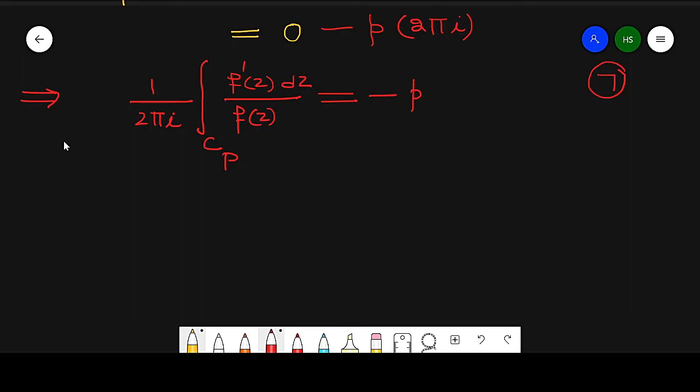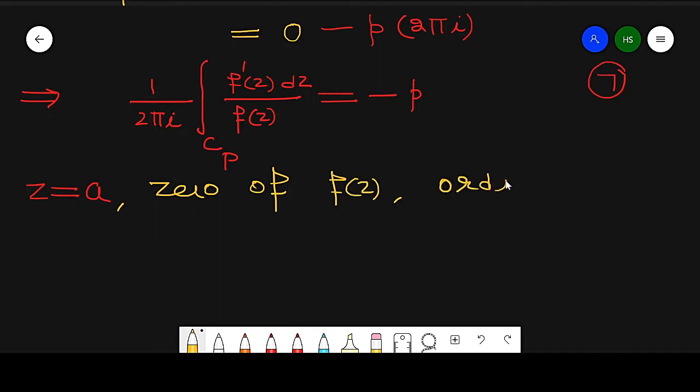Now in the second part, my aim is to find the integration around Cn. Again we know that z is equal to a. So what is z equal to a? This is a zero of function f z with order n.